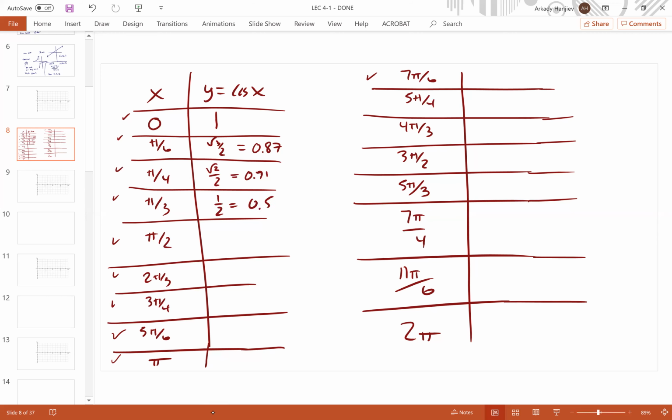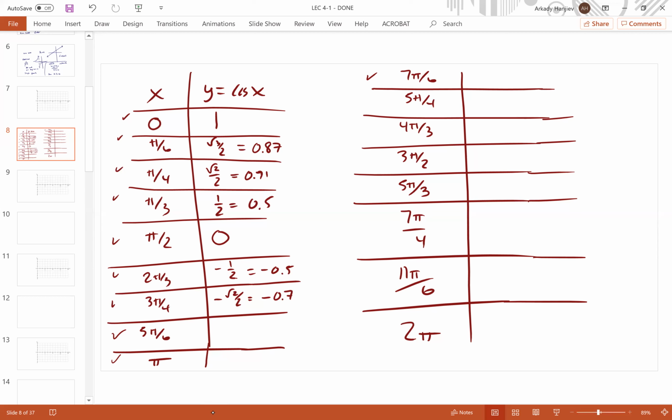That's cool. Georgia with the crown. I got 0. 0 it is. Okay. Nicholas, cosine of 2 pi over 3. Awesome. Cool. And then I think you guys could almost do it by patterns here, but Grant, all yours for 3 pi over 4? Negative root 2 over 2 or negative 0.7.